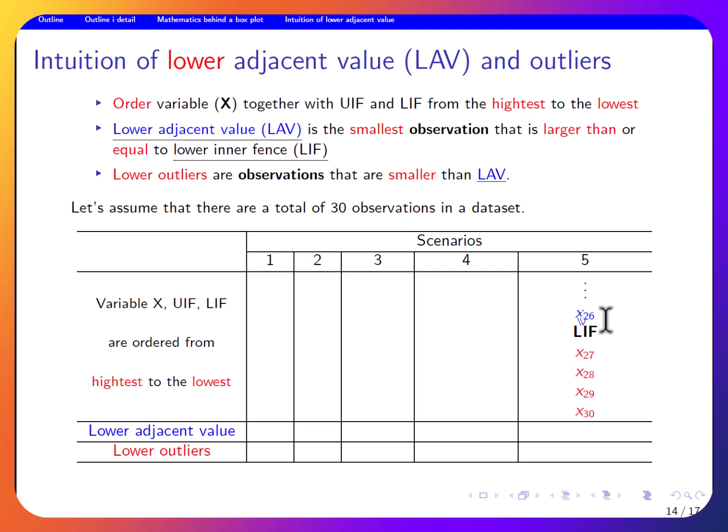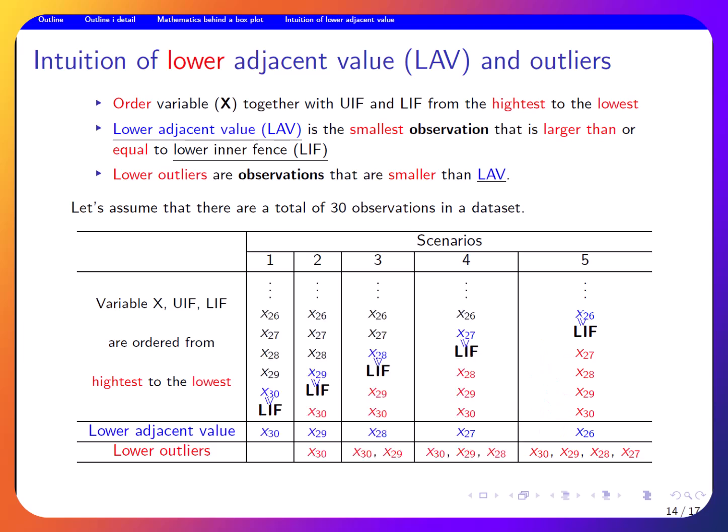Therefore, x26 is a lower adjacent value. Because x30, x29, x28, and x27 are smaller than the lower adjacent value x26, x30, x29, x28, and x27 are lower outliers. This is an example of how to identify lower adjacent value and lower outliers.